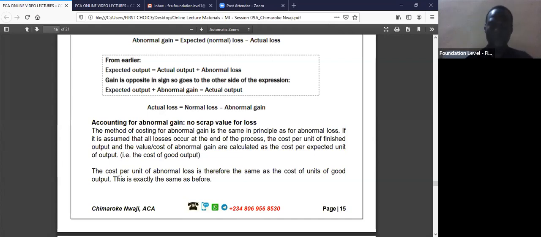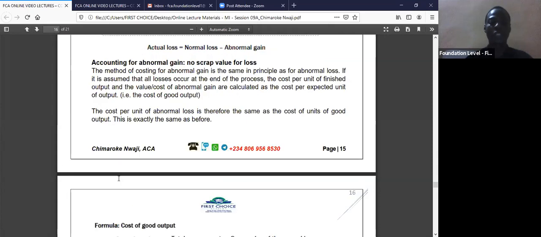Take note, you cannot have abnormal loss and abnormal gain in the same account. The cost per unit of abnormal gain is therefore the same as the cost per unit of good output, exactly as before.